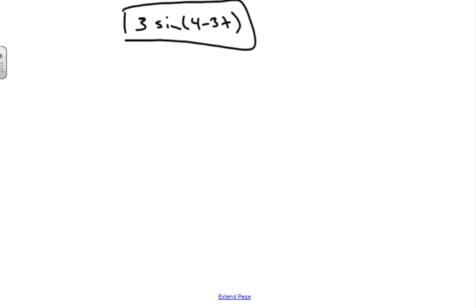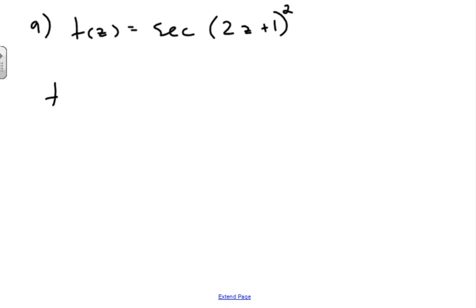We'll go to number 9 here, a little more room. And what we have here is t of z, that's kind of fun to say, secant of 2z plus 1, that quantity squared. All right, now, we're going to find t prime. I think this is with respect to z. Now, this square is inside secant.